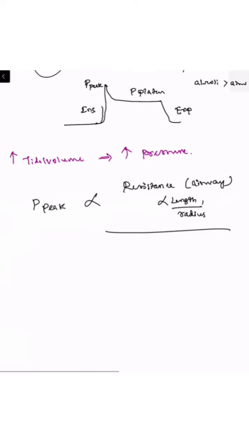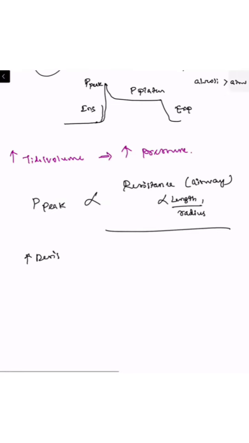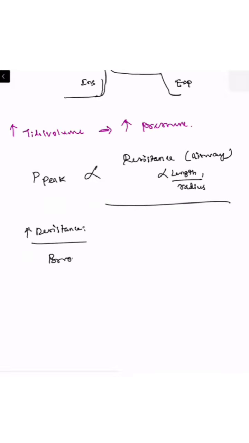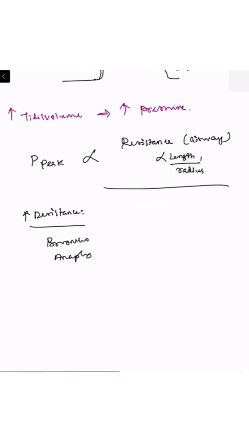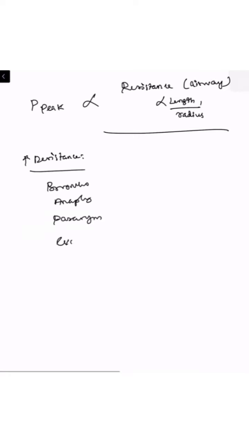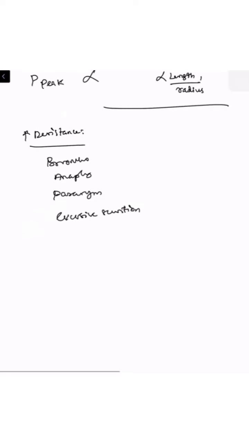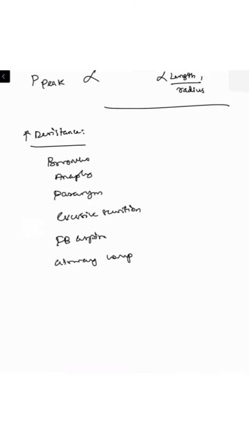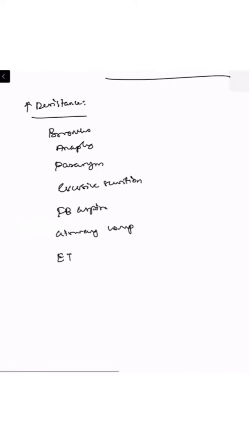Likewise, an increase in the resistance of the airway can happen because of bronchospasm, anaphylaxis, parasympathetic overactivity, excessive secretion inside the airway, foreign body aspiration, external airway compression. Sometimes the ET tube tip may be occluded.